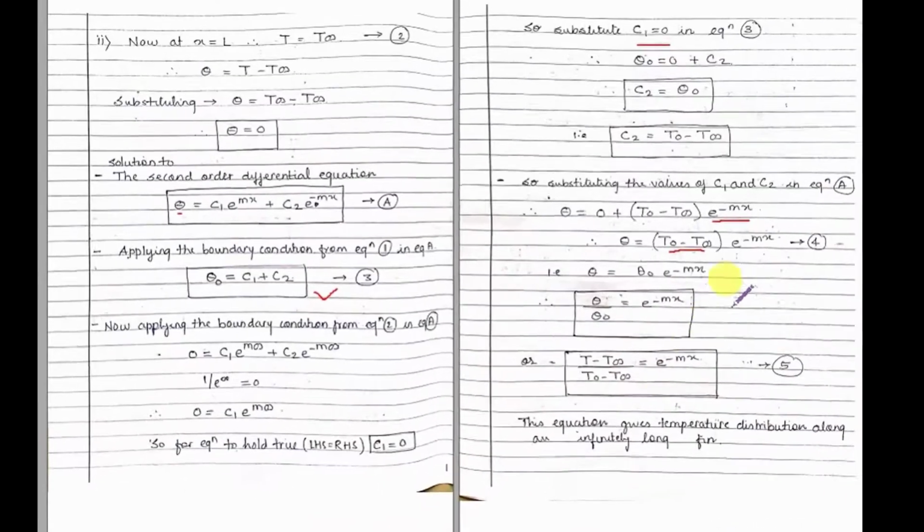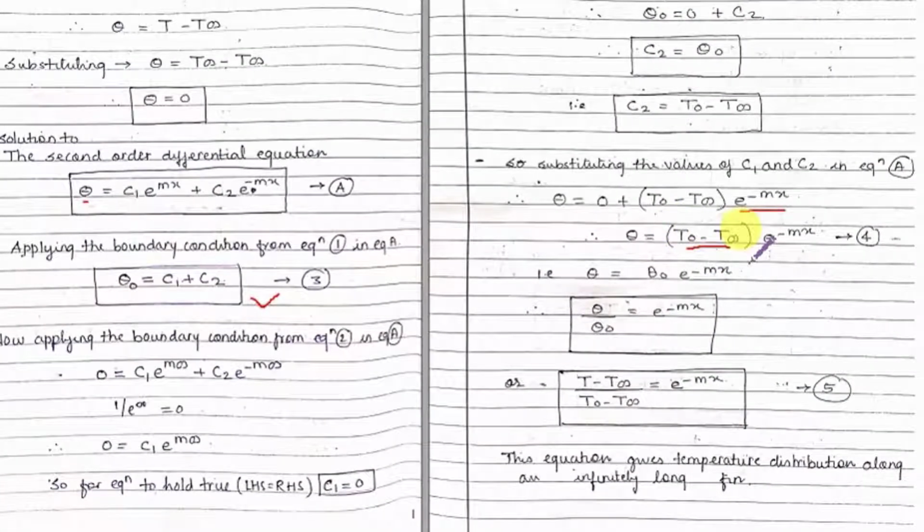So I will substitute T0 minus T infinity by theta 0, and I will get the equation as theta divided by theta 0 equal to e to the power minus mx, or I can write it as T minus T infinity divided by T0 minus T infinity, that is equal to e to the power minus mx. So this is nothing but the temperature distribution equation.